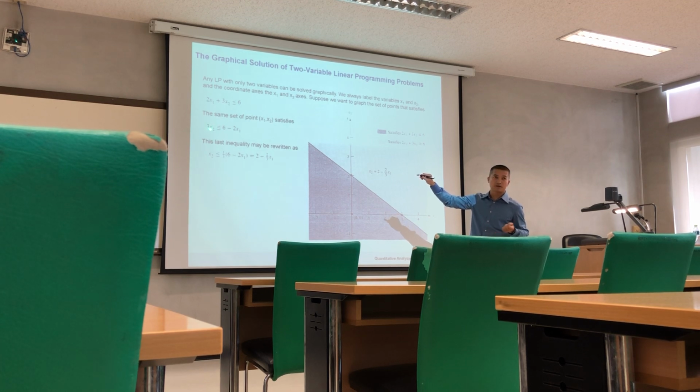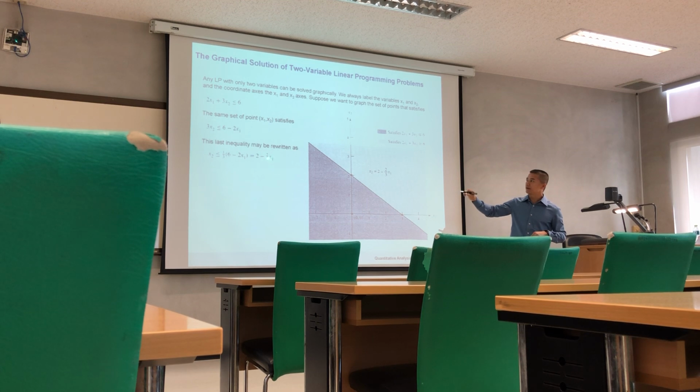Not easy and not difficult. This last inequality may be written as x2 less than or equal to 2 minus 2/3 x1. When it's in this form, it's easy to see that the intercept at the y-axis is 2 with a slope of minus 2 over 3.